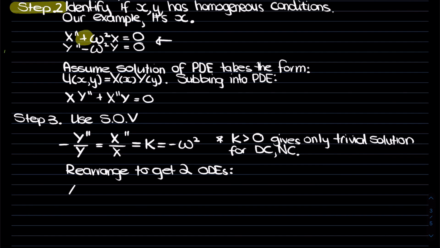And these will be negative lambda squared y equals 0 and x double prime plus lambda squared x equals 0.